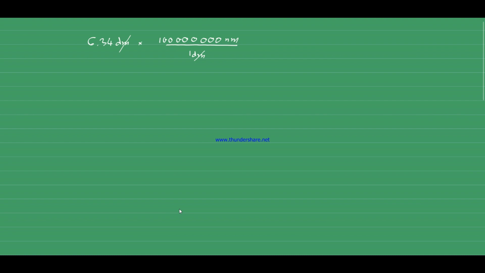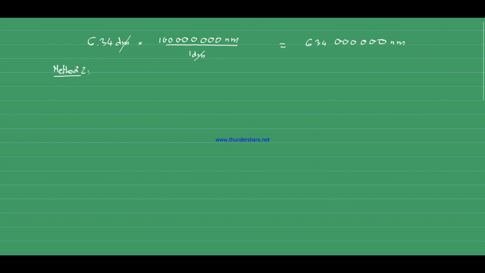Then you take 6.34 and multiply by 100 million, which gives you 634 million nanometer. So 6.34 decimeter is equal to 634 million nanometer. Okay, now method 2.